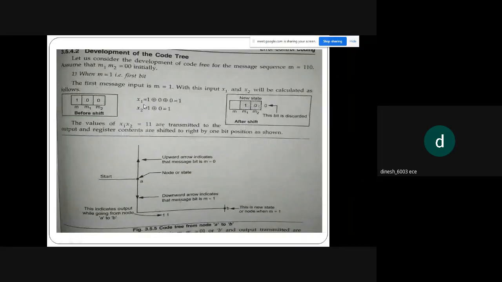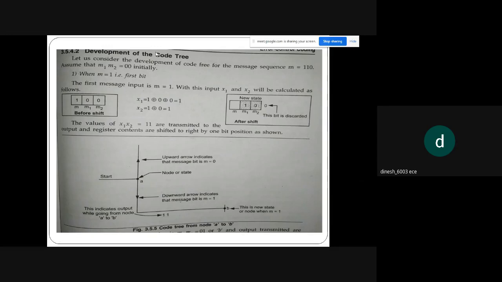It's simple, but we need to implement it properly. So let us consider initially, for the convolutional encoder, some message is given.